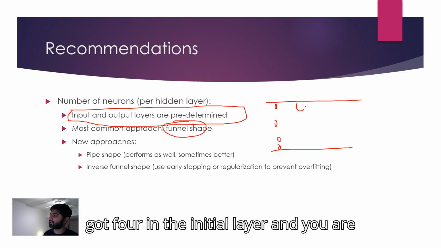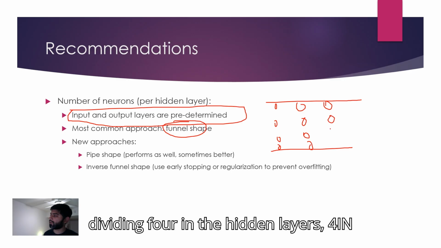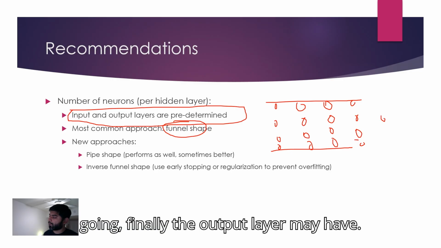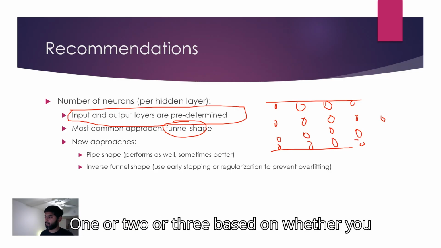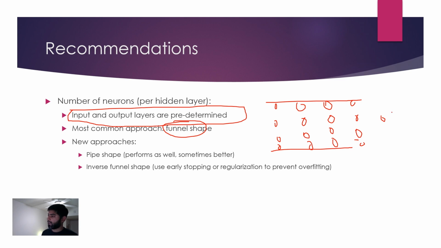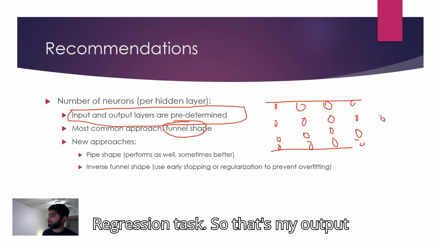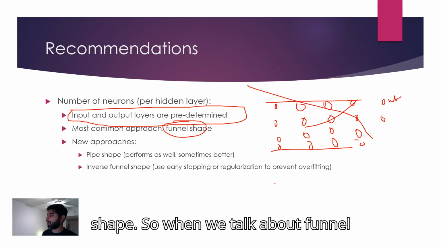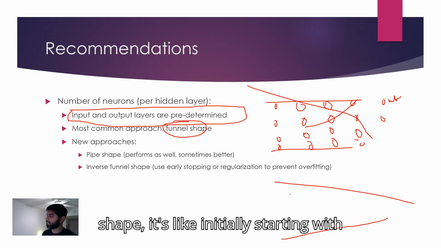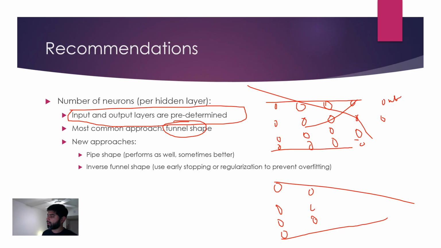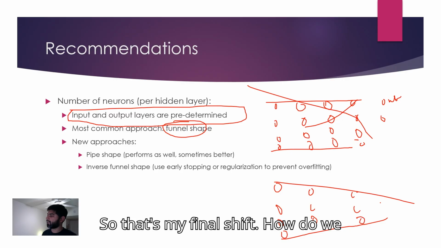If you got 4 in the initial layer and you're defining 4 in the hidden layers, 4 in the other hidden layer, and as you keep going, finally the output layer may have 1 or 2 or 3, based on whether you're dealing with a categorical, binary or regression task. So that's my output layer, but this is not funnel shape. When we talk about funnel shape, it's like initially starting with a large number of neurons and then keep reducing them gradually. So that's my funnel shape.